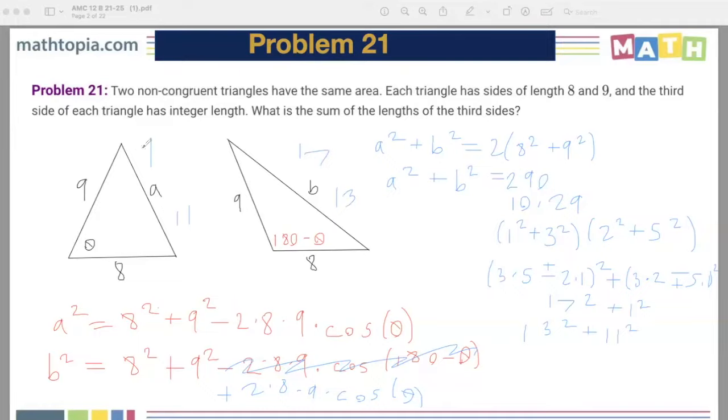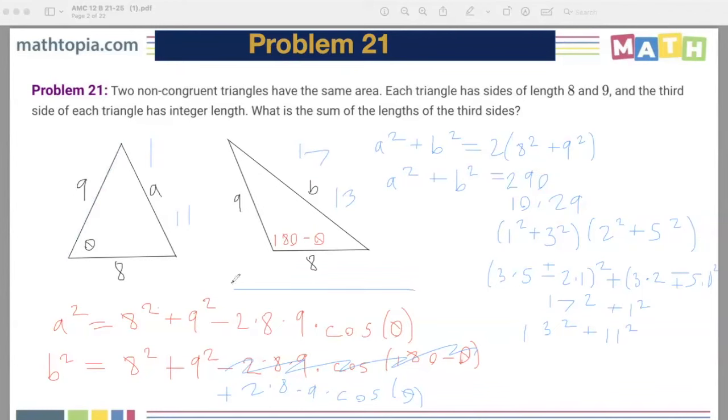And if you have looked at this, hopefully you've seen that 1 and 17 are nonsense answers because by triangle inequality, 8 plus 1 is not greater than 9. So this is going to be a flat line, a degenerate triangle. In general on the AMC, flat triangles, degenerate triangles, are not considered triangles.